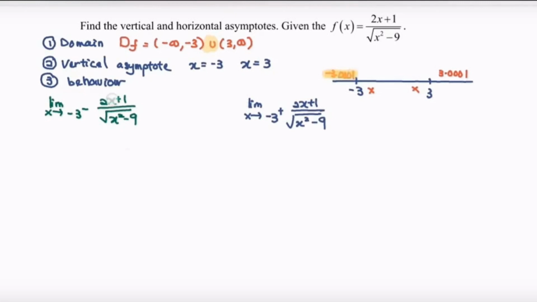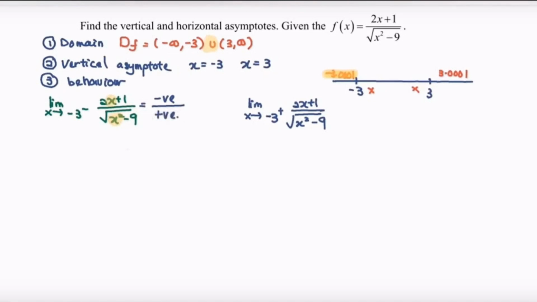If we substitute this value into this part, we will have a negative value plus 1. So we will have a negative value for the numerator, and for the denominator, negative 3.0001 squared, we will have a value which is more than 9. A value which is more than 9 minus 9, we will obtain a positive value.